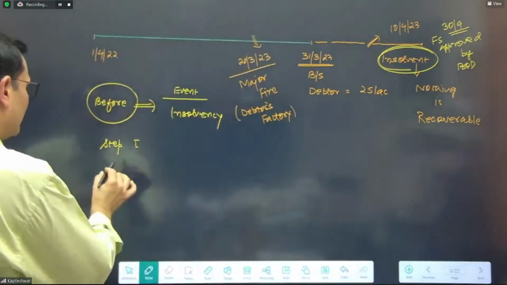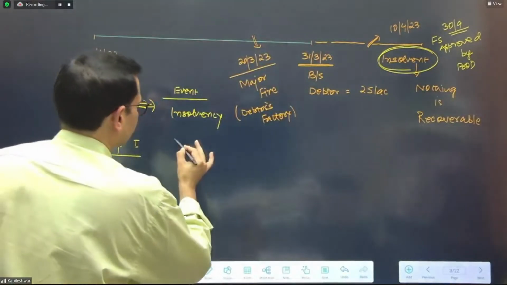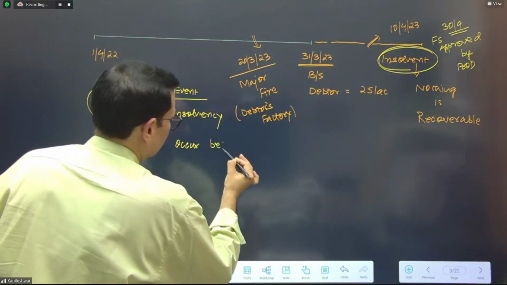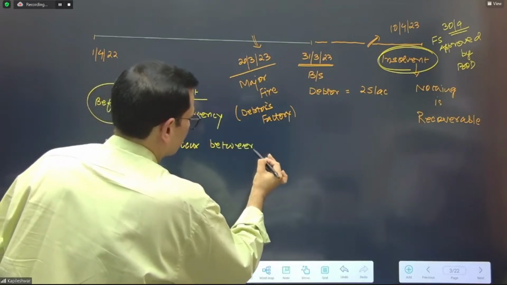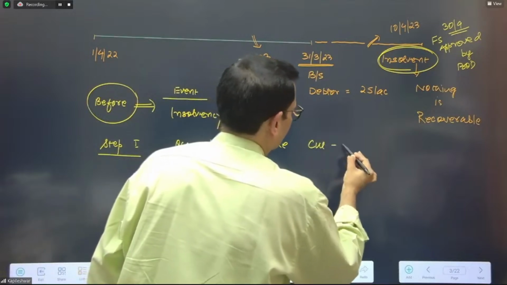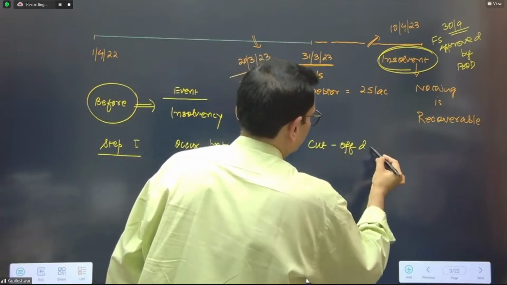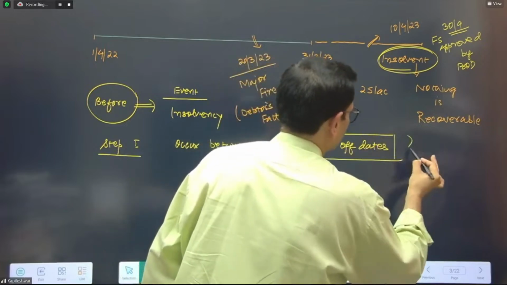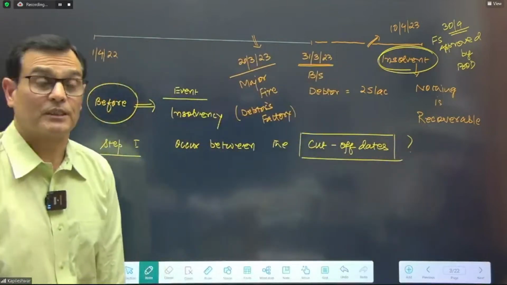So in step number 1, you're going to focus on whether the event occurs between the cut-off dates. I'm using the word cut-off dates. So let me focus on the word. You're going to put across a question: did the event take place between the cut-off dates?